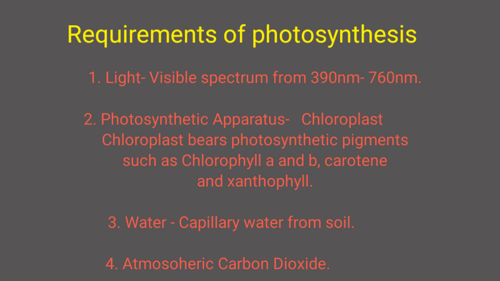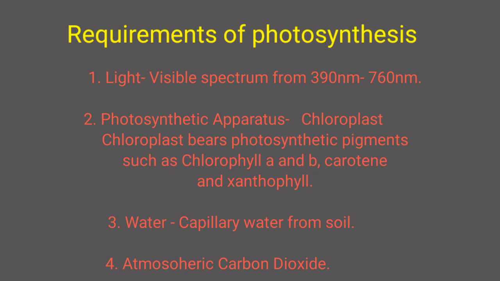Then comes the photosynthetic apparatus. As you know, the photosynthetic apparatus is the chloroplast, which is distributed in the mesophyll tissues in the case of leaves, or the other parenchymatous tissue where the chloroplast is present, or which are green in color.